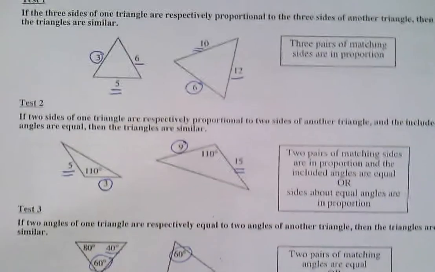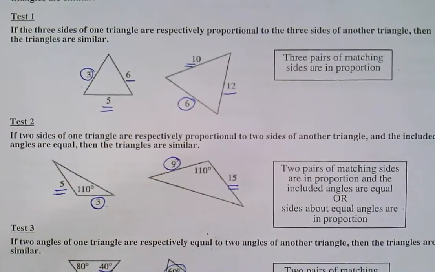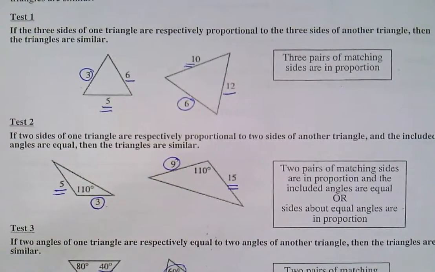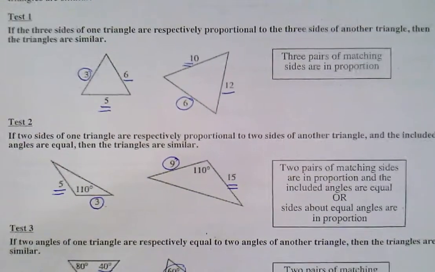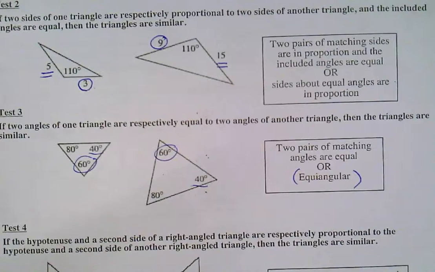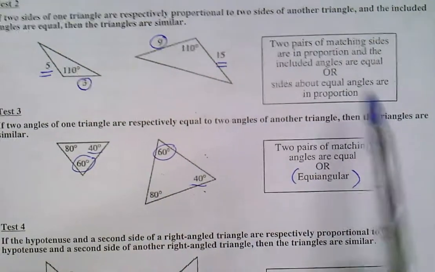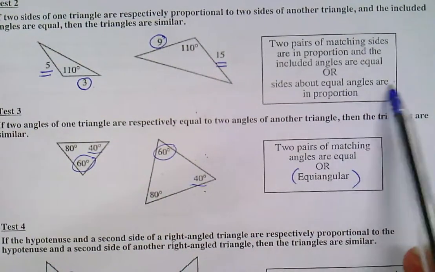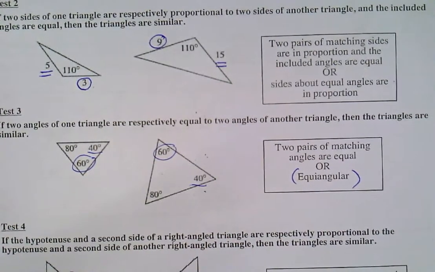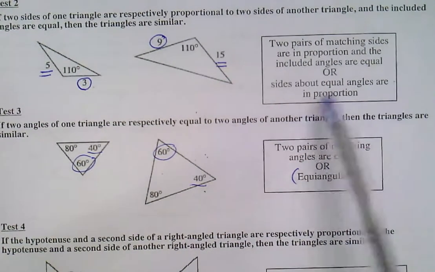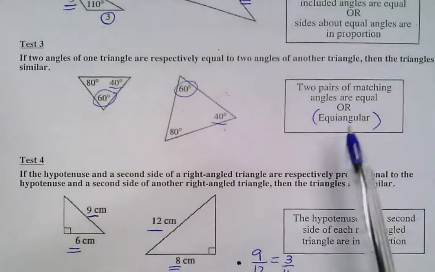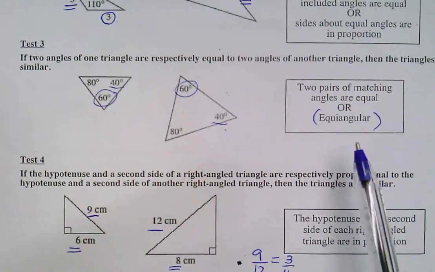What are our 4 tests? The first one is like SSS, but we just say 3 pairs of matching sides in proportion. The second one is like SAS, but we just say sides about equal angles. See, the sides are surrounding the angle. Sides about equal angles are in proportion. The third one is not like any of the congruence ones.